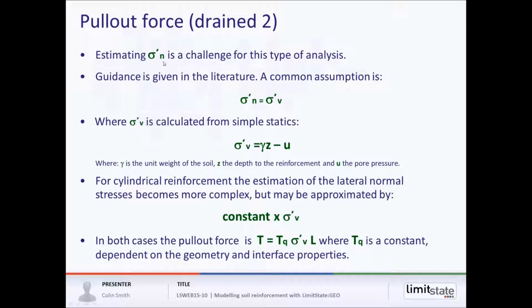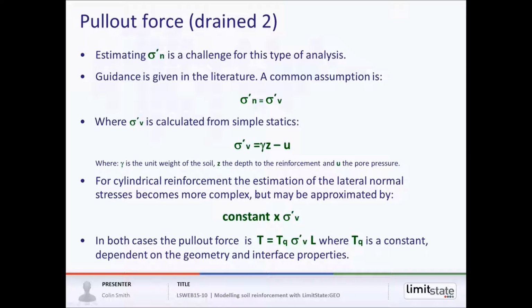For the second case, or indeed for the first case, estimating this average normal stress is a challenge in terms of limit equilibrium. A typical common assumption is just to assume that the normal stress is the nominal vertical stress at that point, which we calculate from simple statics. And the software can be set up to do that.